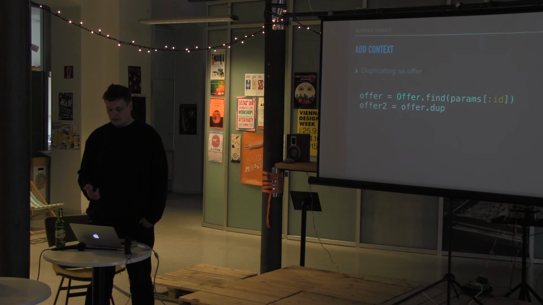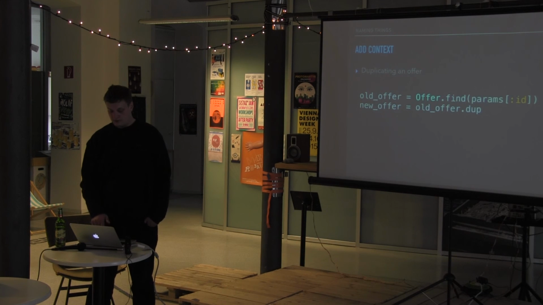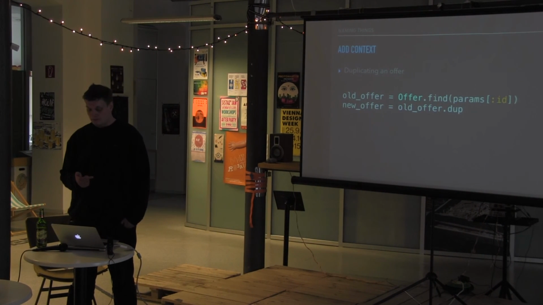But the problem here is that if you have some logic after it, you can quickly confuse the two, because it's not apparent, okay, you have to use the offer2, or you have to use the offer, or you can actually mix them up in the code. So instead, what you can do is add a prefix to it. You can say old offer and new offer, and it's going to jump out to you, so you can see exactly which object you're handling.